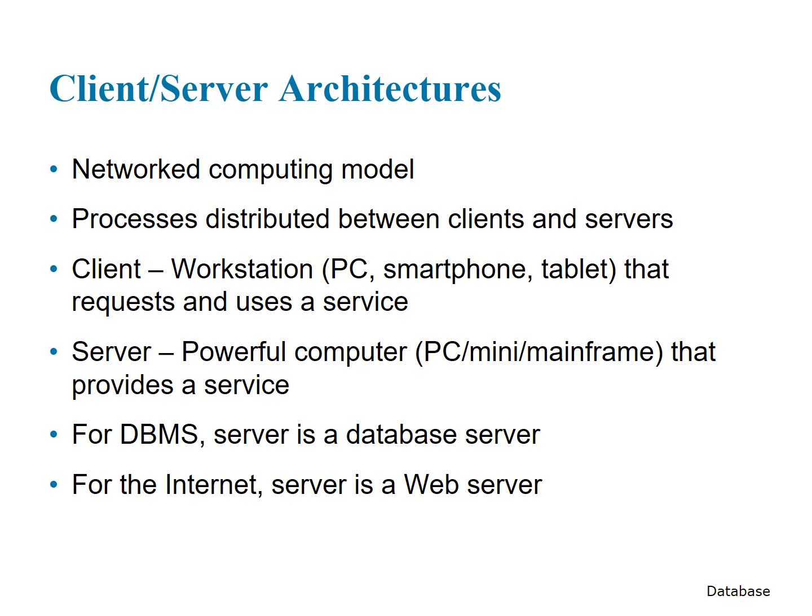The server is a powerful computer, personal computer, minicomputer, or mainframe that provides a service. For a database management system, the server is a database server. For the internet, the server is a web server. Client-server architectures are normally categorized into three types: 2, 3, or n-tier architecture.